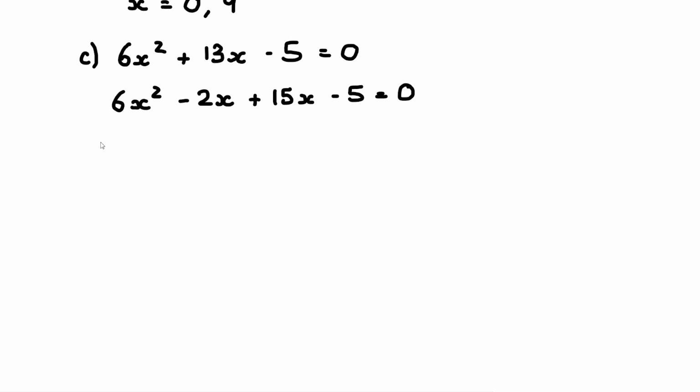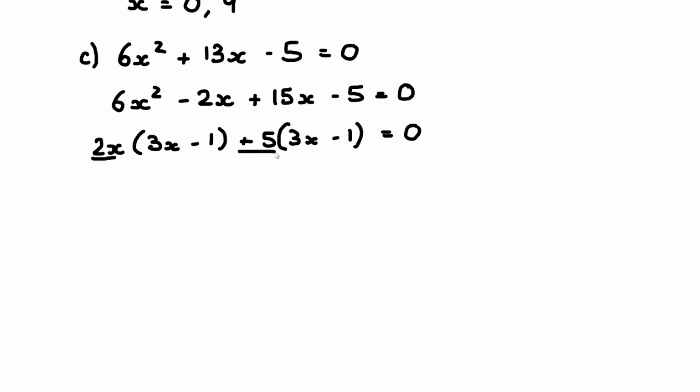Then we will take the 2x out, leaving us with 3x minus 1. And then here we will take 5 out, right? Plus 5, leaving us also with 3x minus 1 equals 0. And then this and this will make our first bracket.